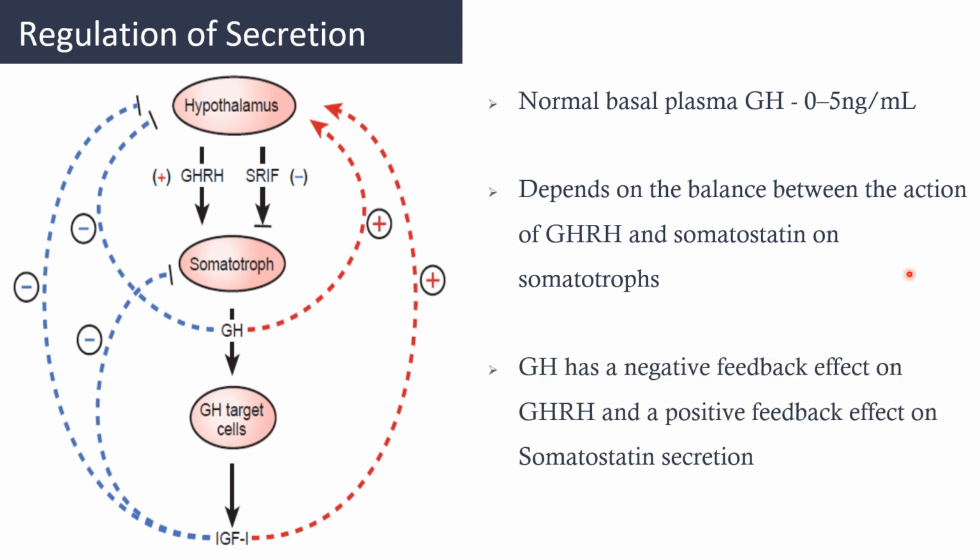The GHRH stimulates and somatostatin inhibits growth hormone secretion. The growth hormone in turn controls its own secretion by feedback mechanisms. The growth hormone has a negative feedback effect on the GHRH and a positive feedback effect on somatostatin secretion.